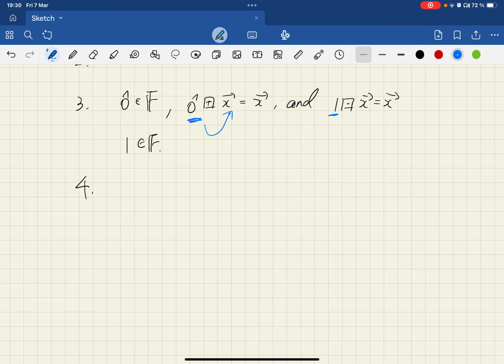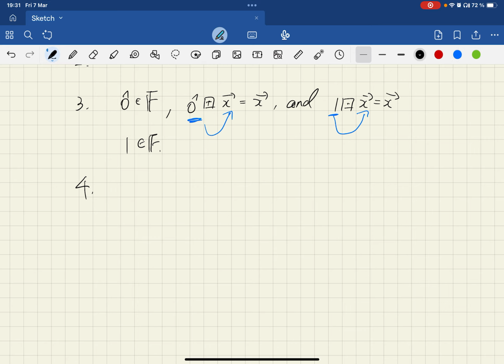If this multiplicative identity multiplies x, this will also not change the value of x, because 1 multiplied by everything equals everything. Yeah.